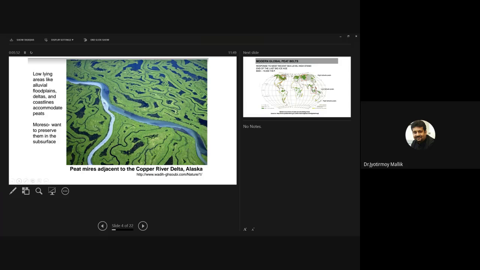But remember, you can see here there is a channel as well. There is a river flowing through the delta, and very close to this river, perhaps the coal formation will be hampered. So you have to go away from the river. But this is a typical setting which would form coal in the future, right? This is an example of the Copper River Delta from Alaska.